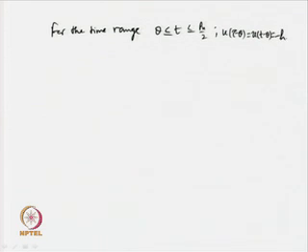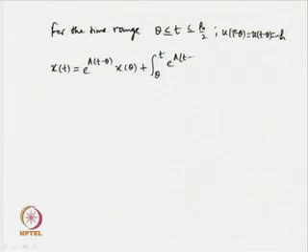In that case, the expression for the solution to the state equation becomes x t is equal to e to the power a t minus theta x theta, plus integration from theta to t e to the power a t minus tau b u tau minus theta d tau.